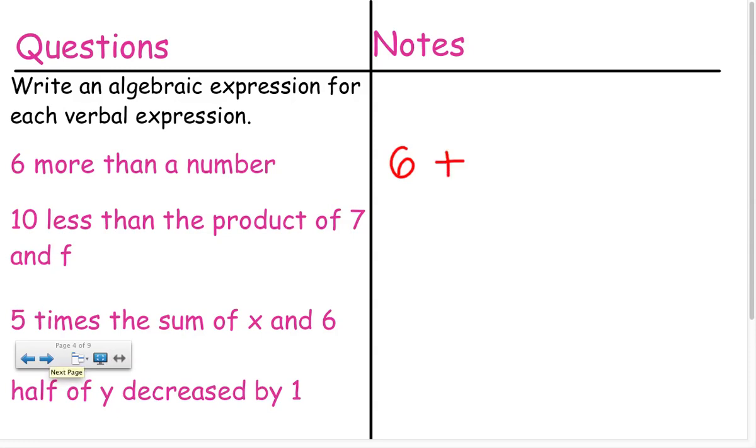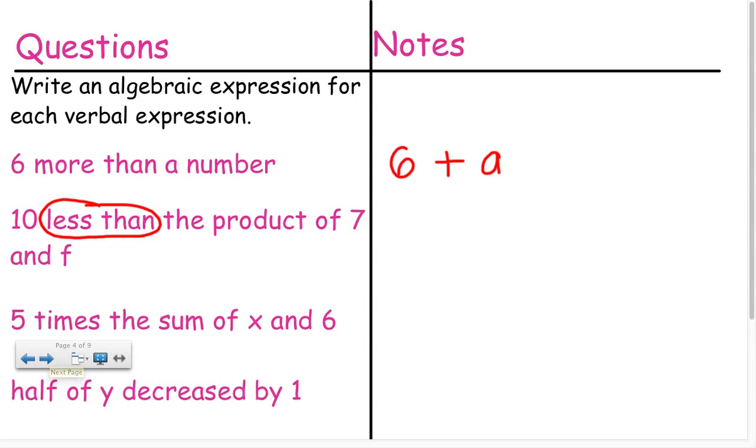We don't know what the number is, and since we don't know what the number is, we're going to replace it with a variable. So I'll say a. 10 less than the product of 7 and f. This one is confusing because of the word less than. If you say 10 less than 20, it means you're taking 10 away from 20.